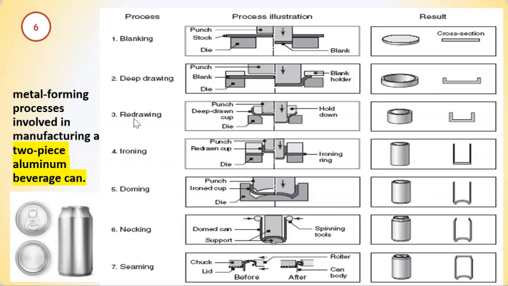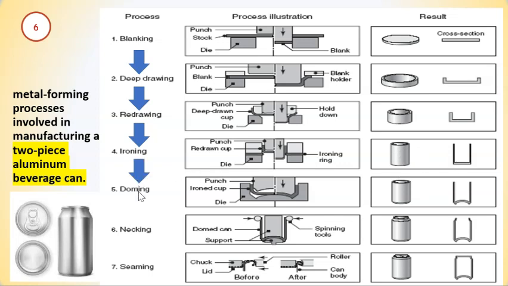And then they have to redraw, meaning that by having the first pre-shape, they will apply another force to have a deeper part. Then we have ironing. Ironing is the phase to get the wall, so you iron this part to get the height of the aluminum can.